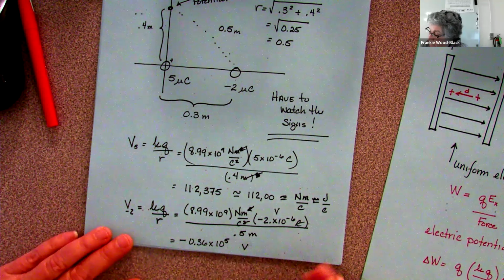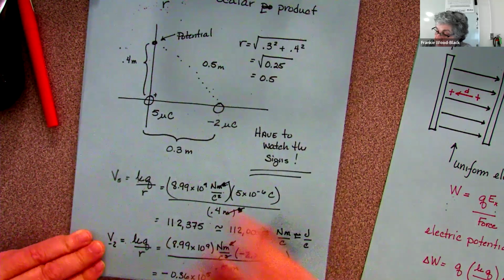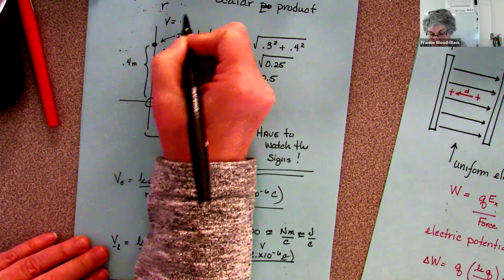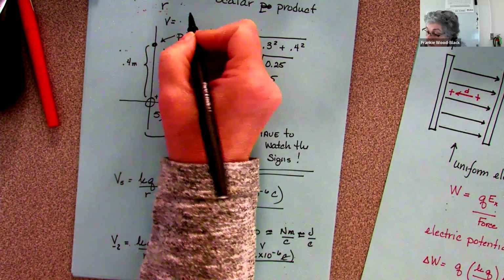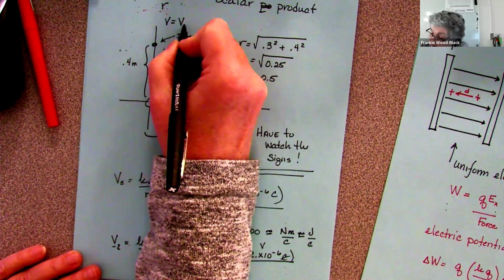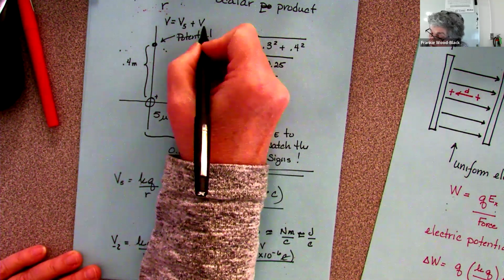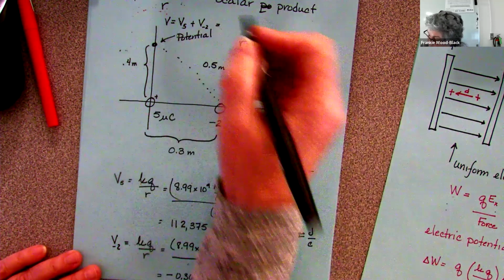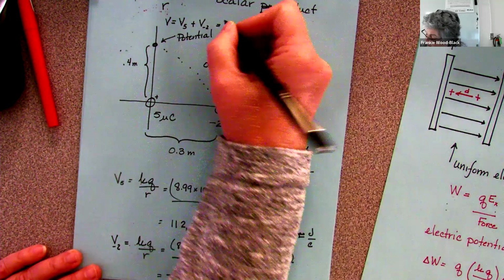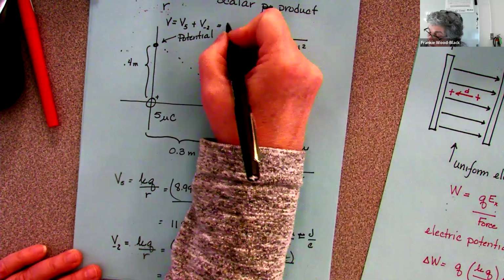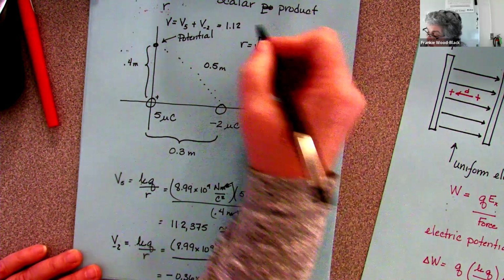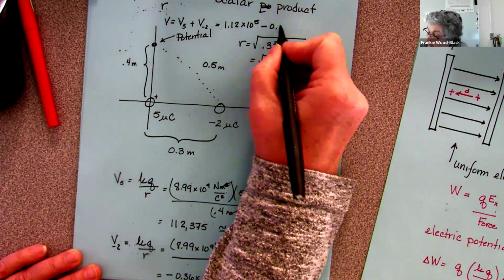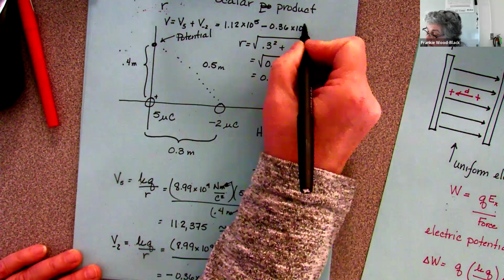So we've got that in volts. Now, if I want to do this point, I'm just going to add the sum of the potentials. So that's my 5 plus my one from the -2. But remember, one is negative, so now if I do this, I'm going to get 1.12 times 10 to the 5th minus 0.36 times 10 to the 5th.